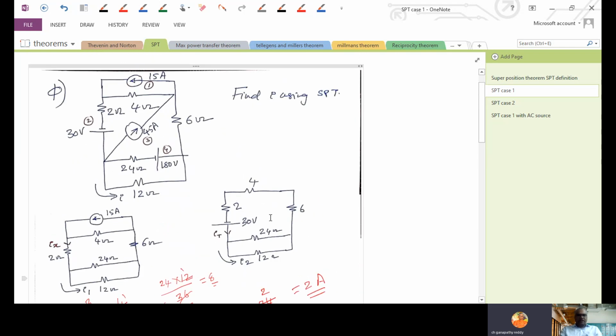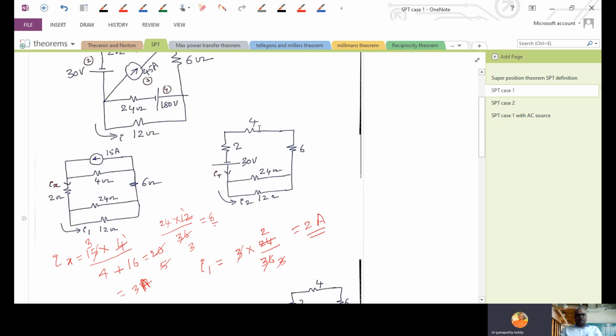Like that, in the second case I have taken 30 volts, and the remaining sources are zero. Now this is the equivalent. In this equivalent, again find the total current IT, which divides between branches. It is a simple single source problem. 24 and 12 is equivalent to 8, and 2 plus 4 is 6. 6 plus 6 is 12. 12 and 8 gives 20.